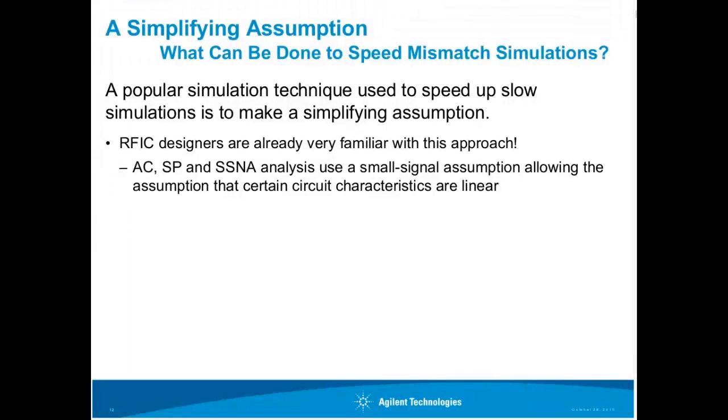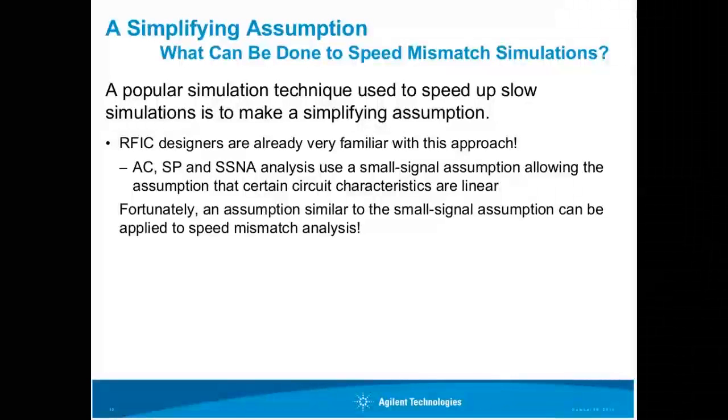We all do it as a day-to-day course of our business, and we know that this assumption carries risks of inaccuracy, and we know how to verify that accuracy. It turns out we can use a similar type of simplifying assumption for doing fast mismatch Monte Carlo simulations, and we're going to call it the small variation assumption.